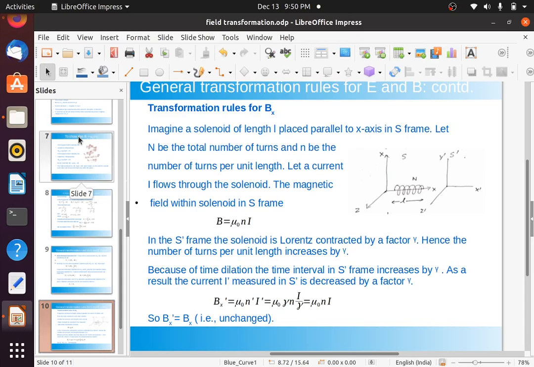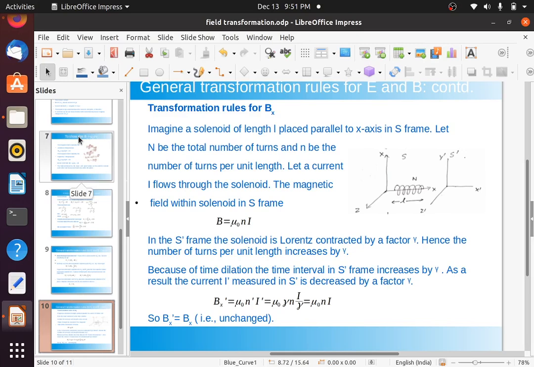So the total field Bx dash is equal to mu 0 n dash I dash. That will be equal to mu 0 gamma n I by gamma. So you can show that this is equal to mu 0 n I. Here we take that relative motion does not affect the laws.